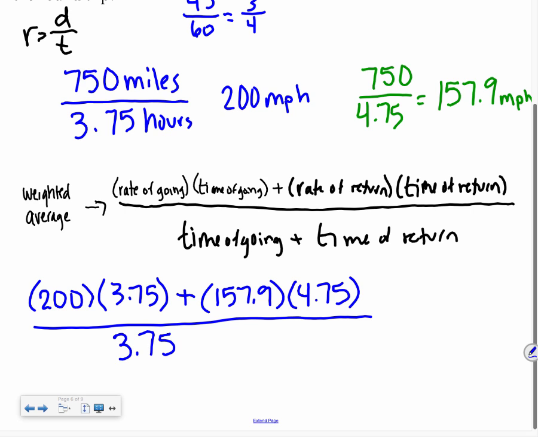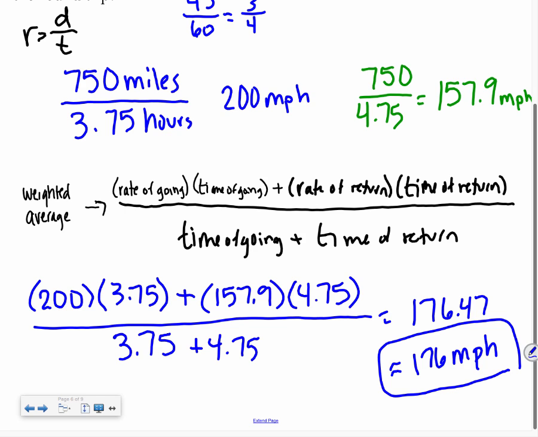So 3.75 plus 4.75. And this ends up working out to approximately 176.47, or you could just say about 176 miles per hour.